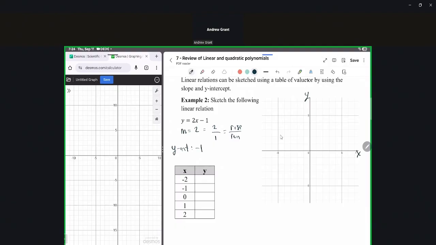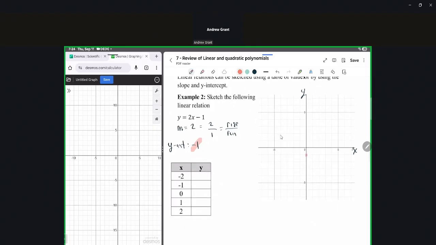So on the y-axis, we start at -1. So there it is here. And now from here, we want to go up 2 units and forward 1 unit.